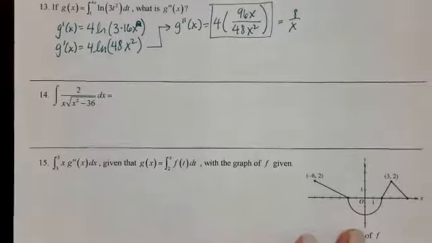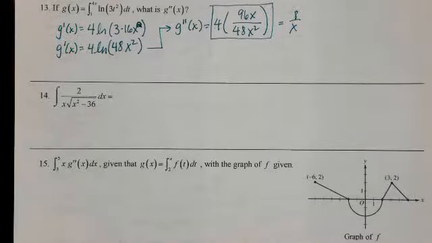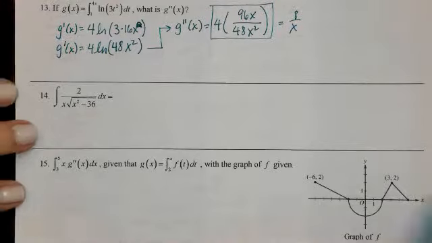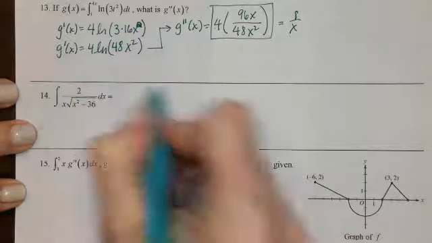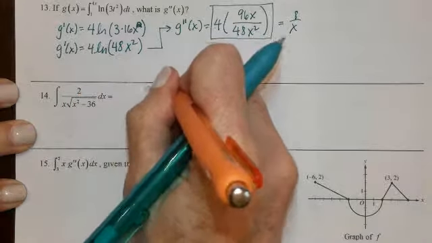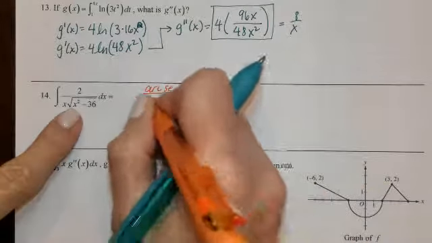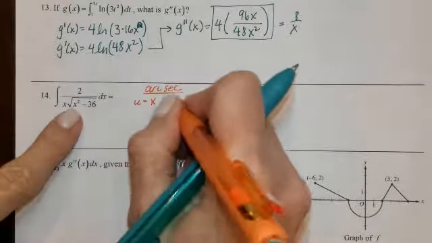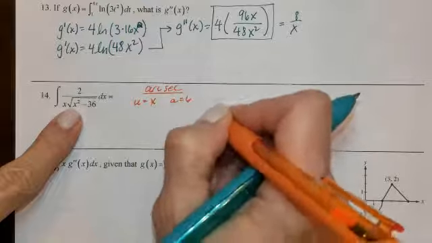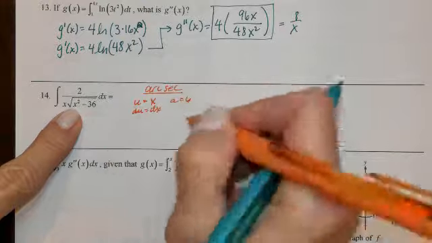Okay. For number 14, I look at number 14 and I see arcsecant. I'm hoping you see arcsecant too. The 2 can come totally out, right? But this is arcsecant. U is just x. A is 6. du is just a dx.